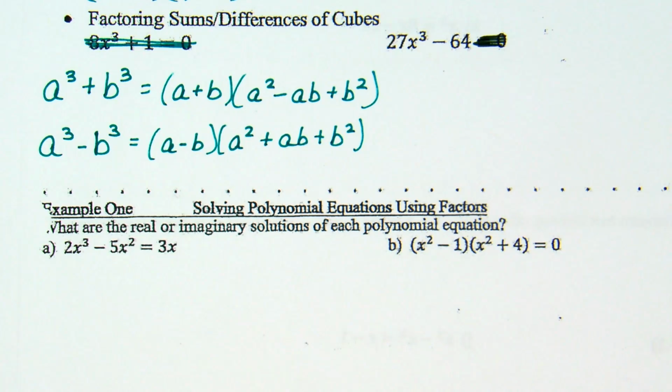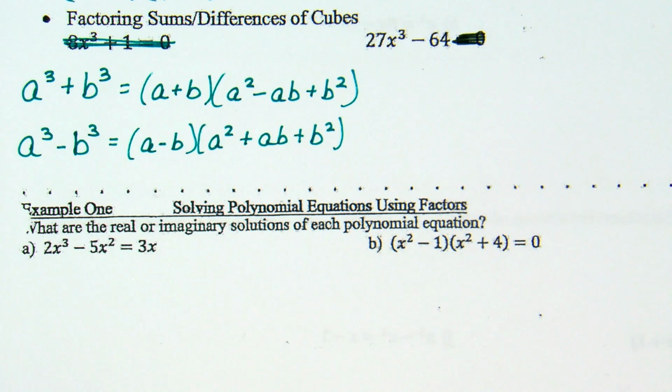Now, you're saying, great, Mrs. Sargent, you gave us a setup, but how the heck do we use it? Let's talk about that. As we look at 27x cubed minus 64, notice this is in what form?